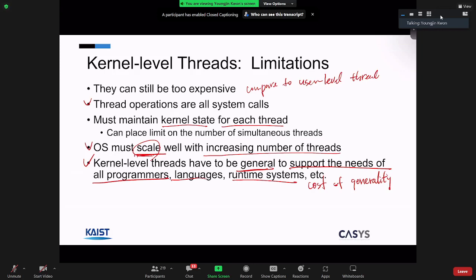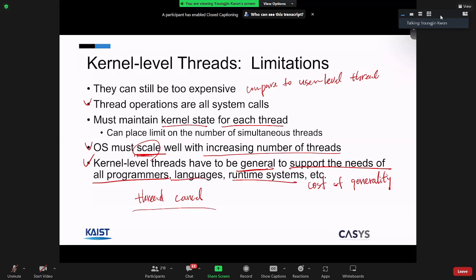For example, thread cancellation. It's one of the hassles for the API that you need to implement. But some applications never use the thread cancellation API. If the thread implementation is at user level, for the specific application, you don't need to implement the complex functionality of thread cancellation.